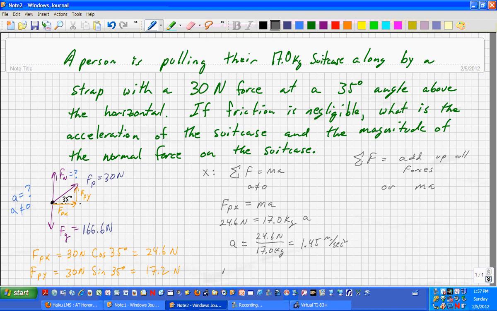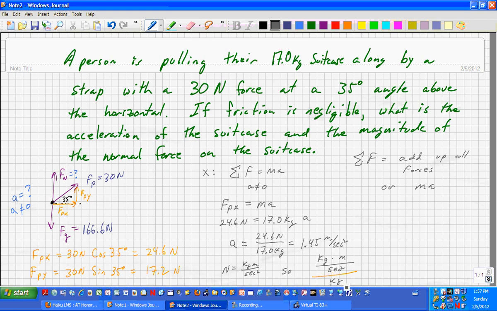Little sidebar here. A newton is equal to a kilogram meter per second squared. So we've got a kilogram times a meter over second squared on the top, and on the bottom we've got a kilogram.